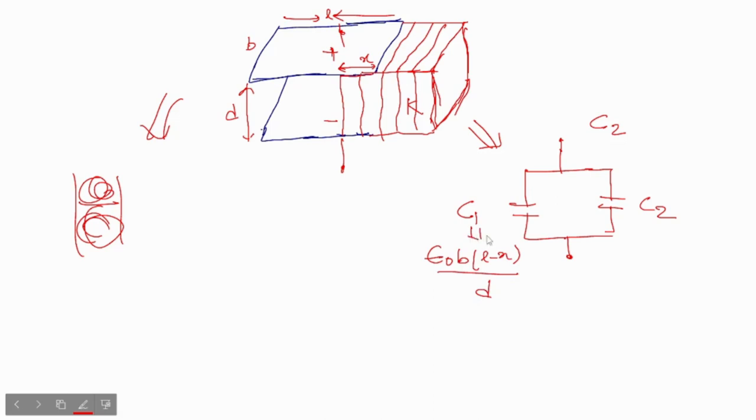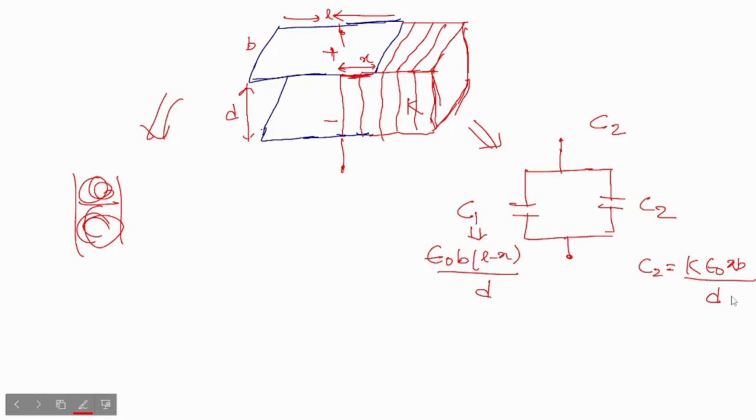This is the value of c1. c2 will be, since it is a dielectric, k epsilon naught into A, where A will be x into b, this length multiplied by this width, upon d.